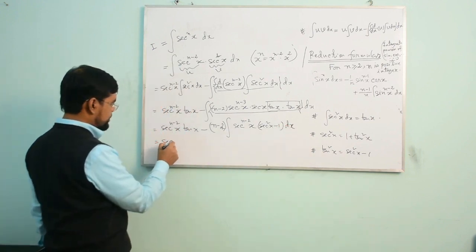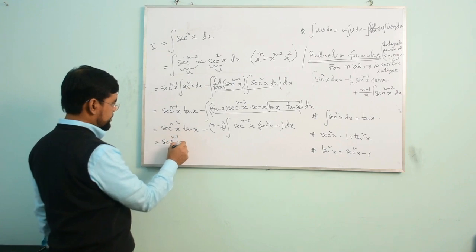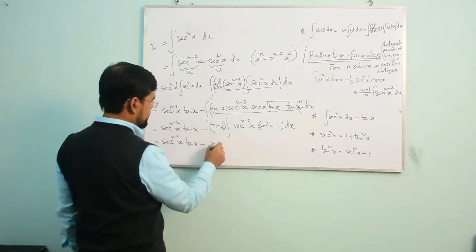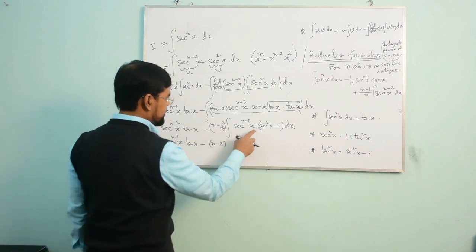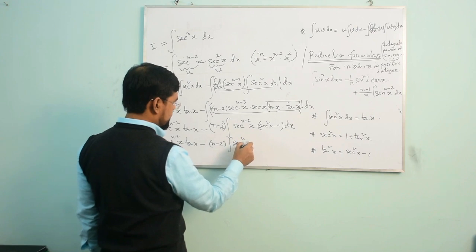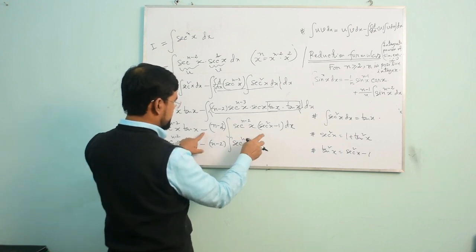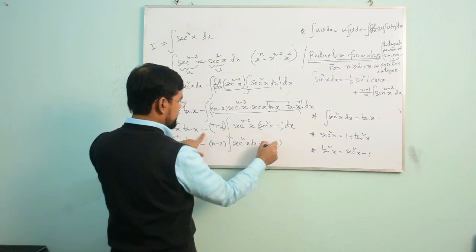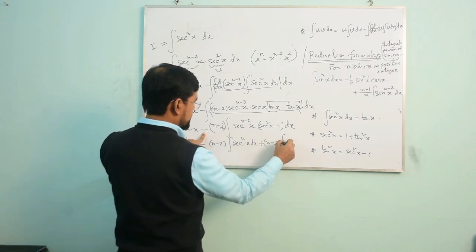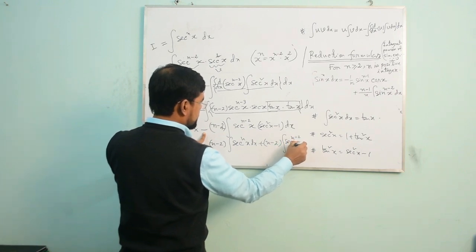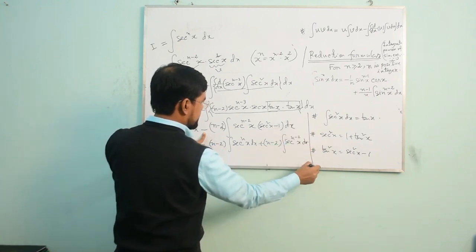So this equals sec^(n-2) x tan x minus (n minus 2). If you multiply this, you will get sec^n x dx. This minus and this minus will make plus (n minus 2) into integration of sec^(n-2) x dx.